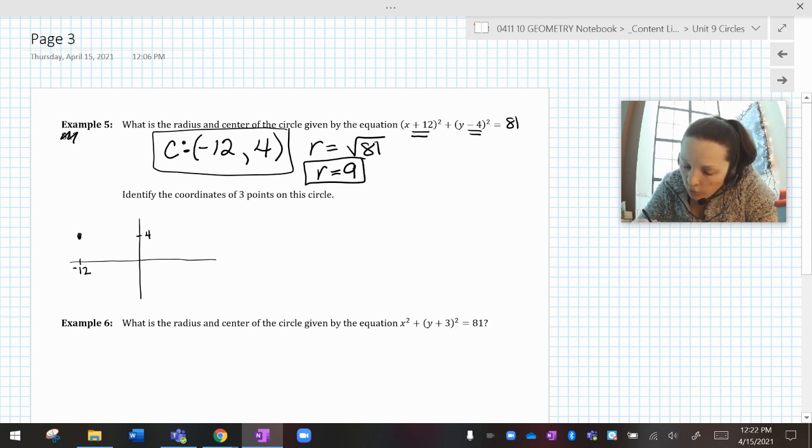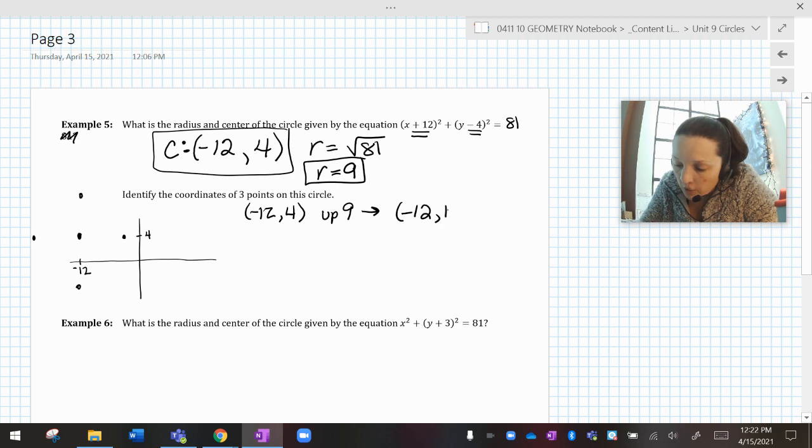And then I need to go right 9, left 9, up 9, down 9? Well, let's do that. So if I went from negative 12, 4, and I went up 9, that would be the point negative 12, 13. I added 9 to y. But what if I went down 9? What if I subtracted 9 from y? Then I'd be at negative 12, negative 5.